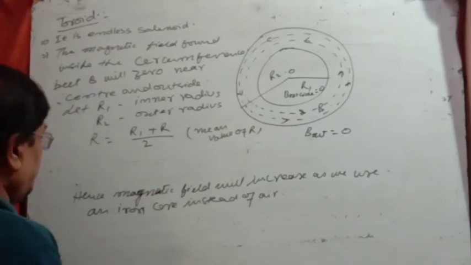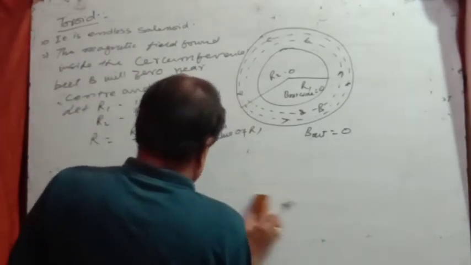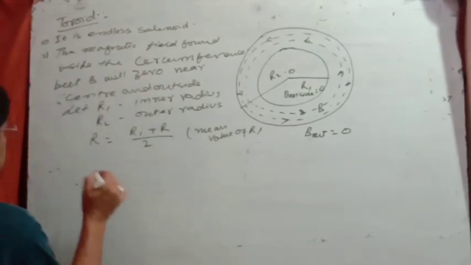Now we apply Ampere's law. It is already a closed loop, so we should not consider another closed surface.